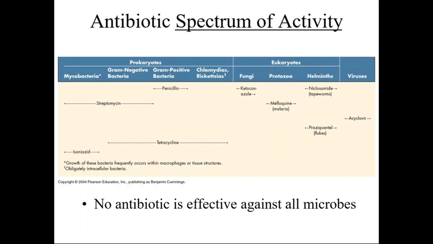If anyone discovers such an antibiotic, I'm sure it deserves the Nobel Prize. So again, the spectrum varies. For example, penicillin works on gram-positive bacteria. Okay, tetracycline can work on some gram-positive and some gram-negative.